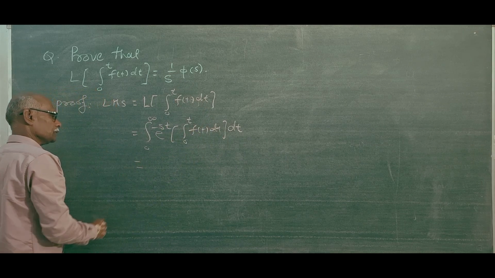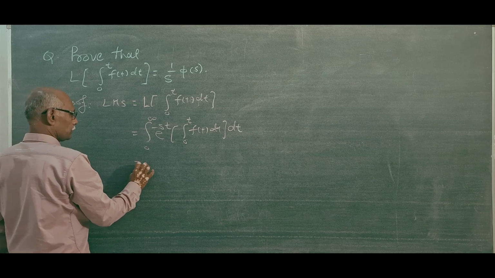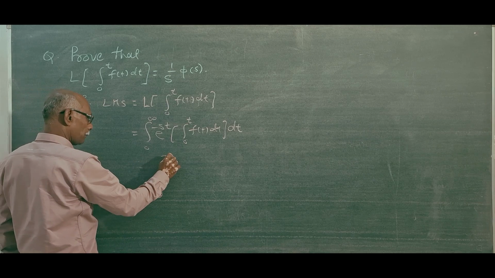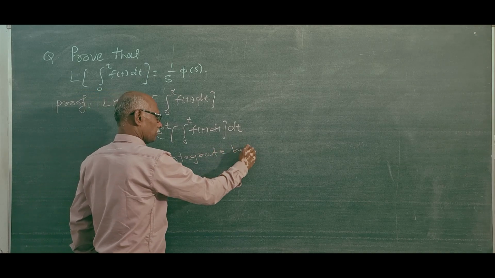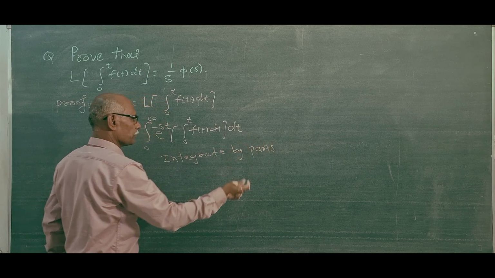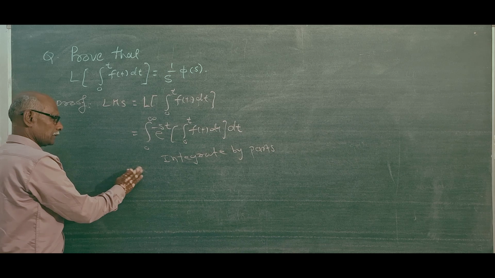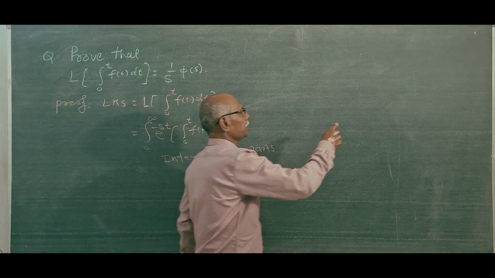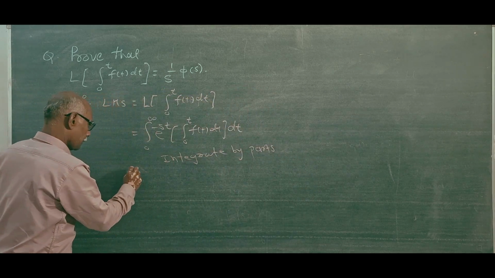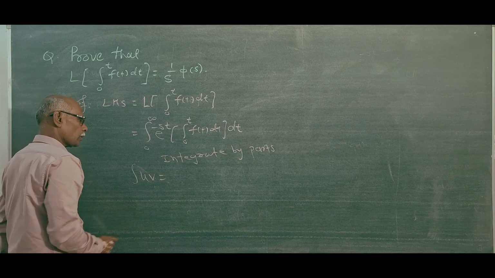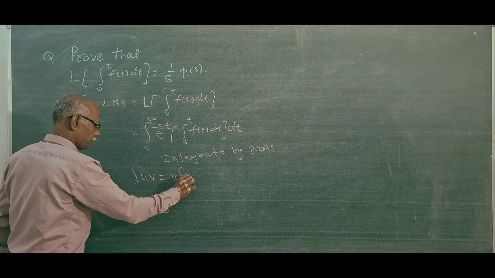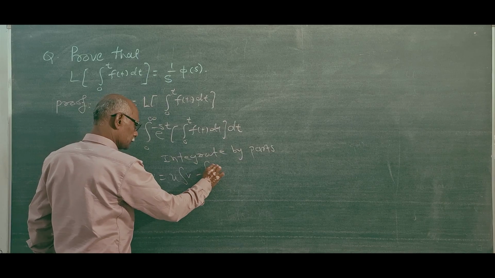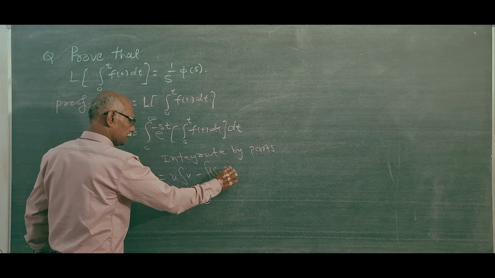So here we have to note that we have to integrate by parts. What is integration by parts? There is a product, therefore we call it integration by parts. The formula is: integration of u into v is u as it is, integration of v, minus integration of v and then u dash.